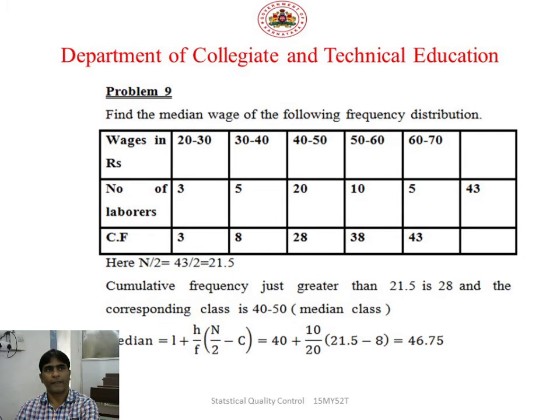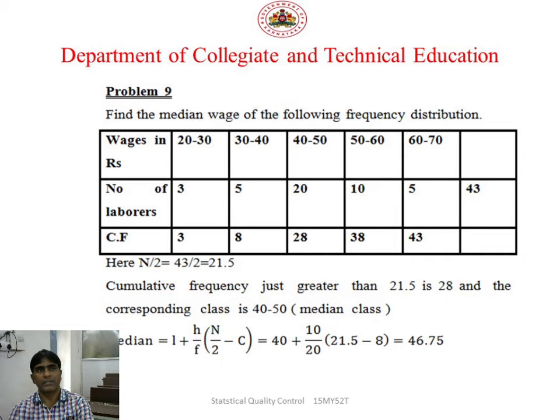So 10 by f, where f is the frequency of the median class, which is 20. Next, in the bracket, n by 2 we have directly got as 21.5, minus c.